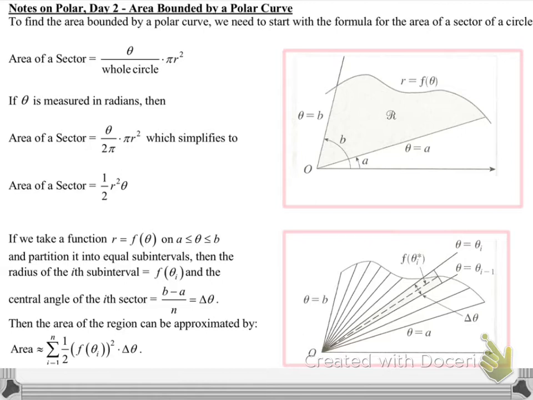Each little tiny slice here, oh, I'm a terrible colorer, but you get the idea. Each little tiny bit is a slice of pizza, and we're finding the area of each slice and adding them all up. So rather than rectangles, we've got pizza pieces.